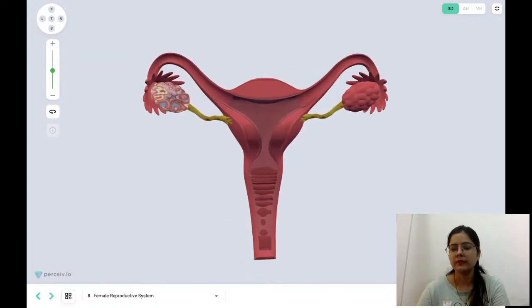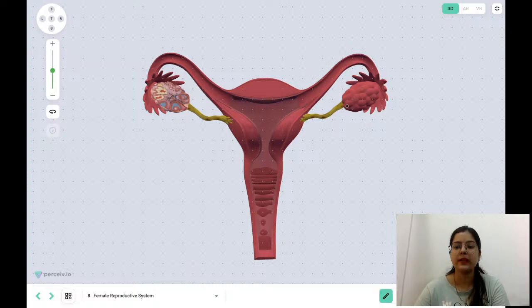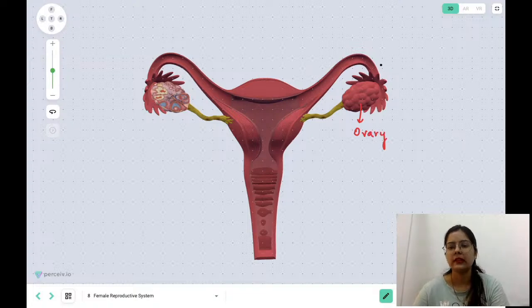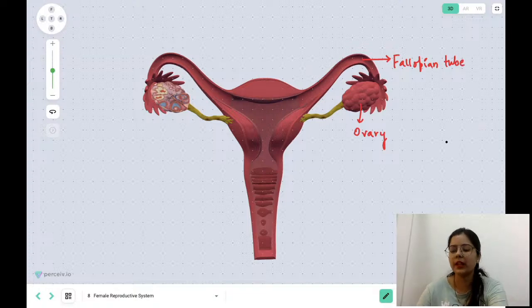So this becomes your ovary, and this is your infundibulum, or you can say fallopian. So fallopian tube is primarily divided into three distinct components. Actually, this is your fallopian tube. I'll write this fallopian tube over here. All right, this is your fallopian tube. Now the fallopian tube is primarily divided into three distinct components, and that is infundibulum, ampulla, and isthmus.